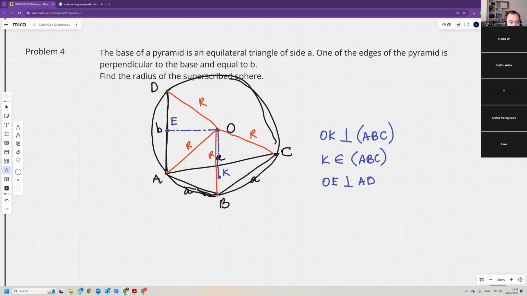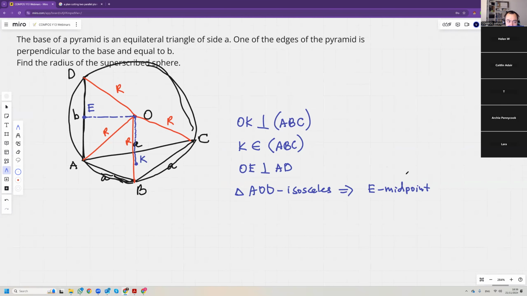And because AOD is an isosceles triangle, that means E is the midpoint of AD. Hope that makes sense. In an isosceles triangle, if you draw a perpendicular, it's also the median.